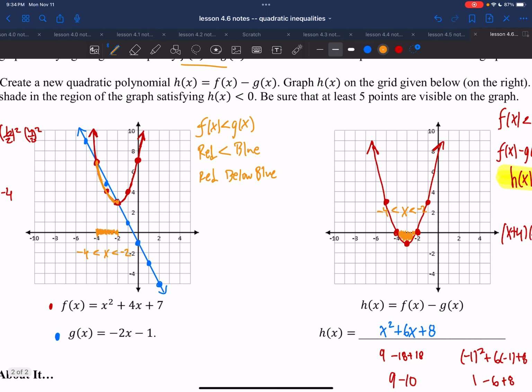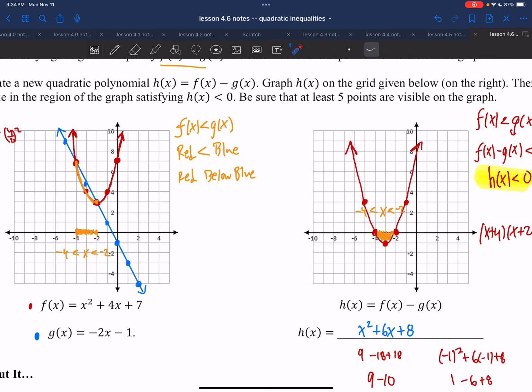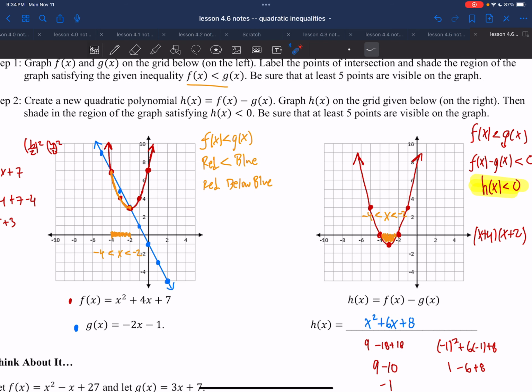So this is kind of the connection. What I'm trying to show you is this image is the question you're answering. When is the function f less than g? Well, visually you can see it's less right here, and that's this interval.